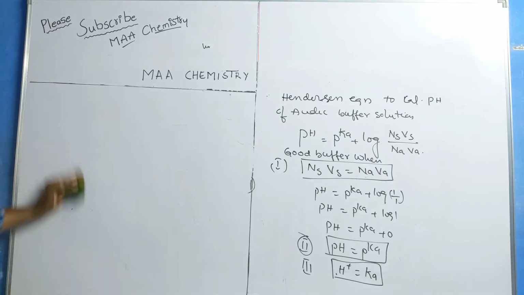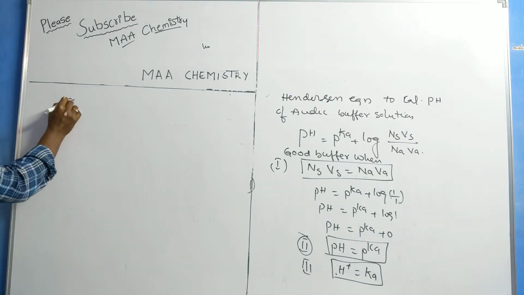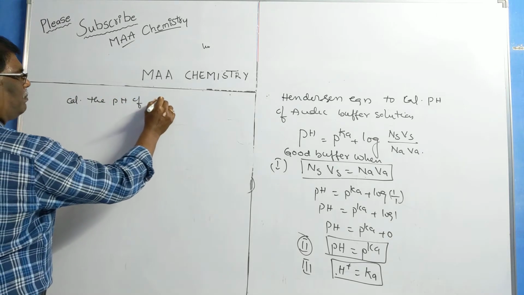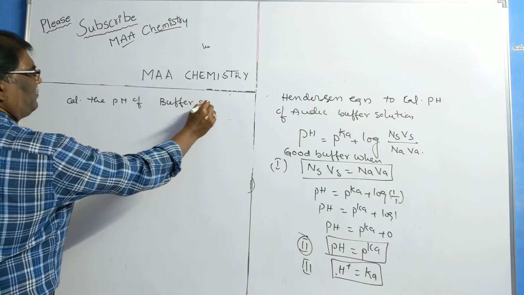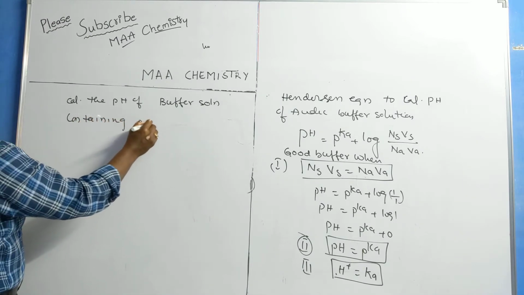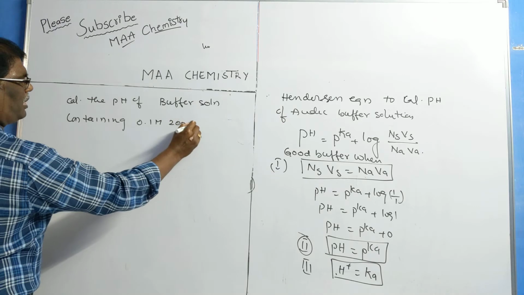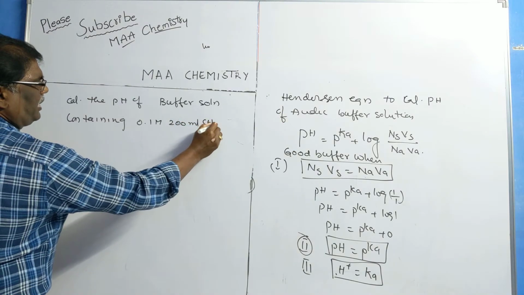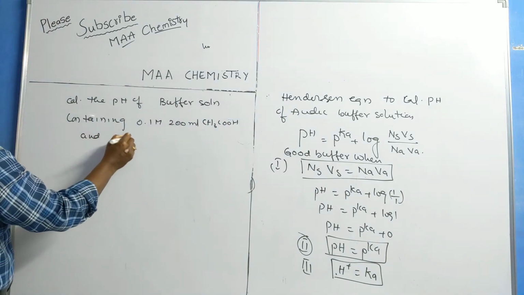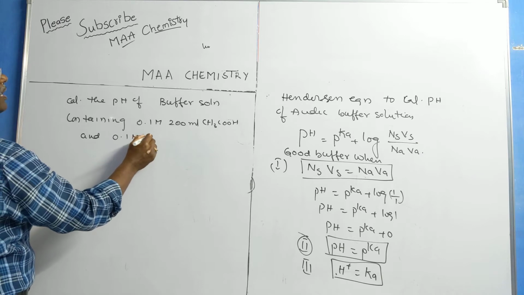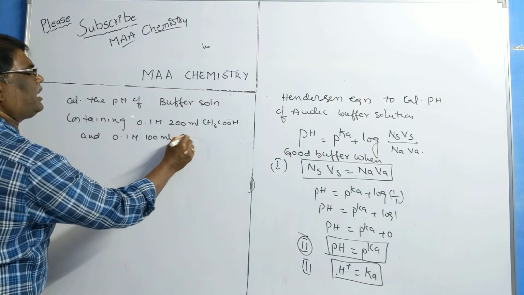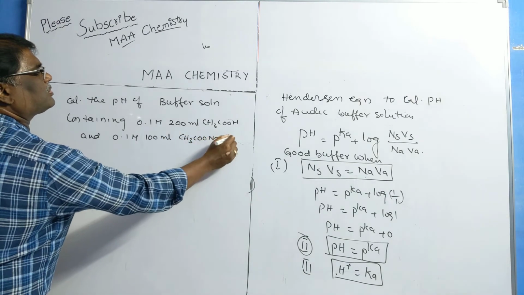Now we are going to discuss the problem. Calculate the pH of a buffer solution containing 200 ml of 0.1 molar acetic acid and 100 ml of 0.1 molar sodium acetate solution.